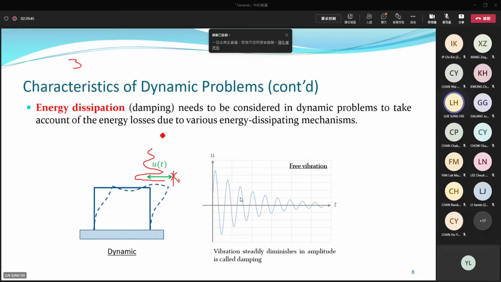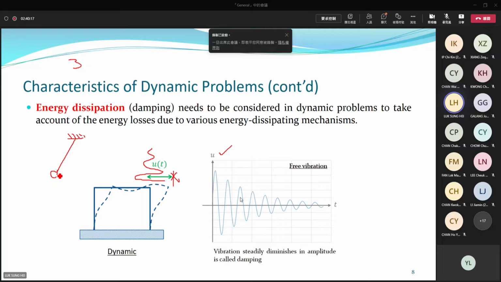These oscillations will not exist forever. As time goes on, based on our common sense, we believe that the oscillation will decrease with time, just like the displacement graph as shown on the right. At the beginning, maybe you have a large oscillation amplitude, but as time goes on, the vibration amplitude decreases, finally converging to zero.